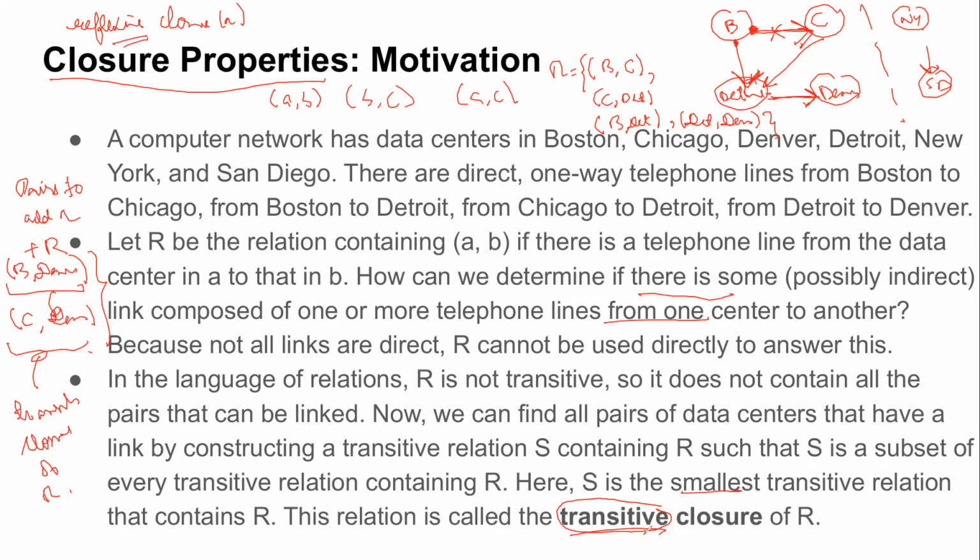Similarly, what are the smallest number of ordered pairs which I need to add to make this relation transitive? That is known as transitive closure. Similarly, what are the ordered pairs I need to add to a relation to make it symmetric? That is known as symmetric closure. Okay. So in general, what is closure? Closure is simply the smallest set of ordered pairs that you need to add to R so that the relation is complete.